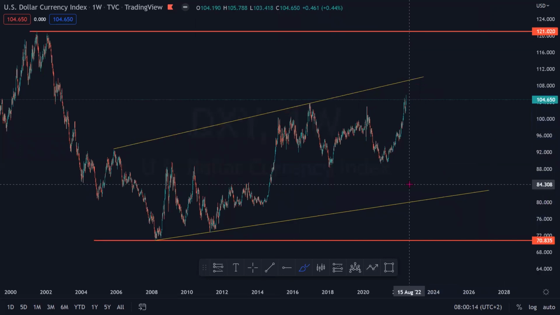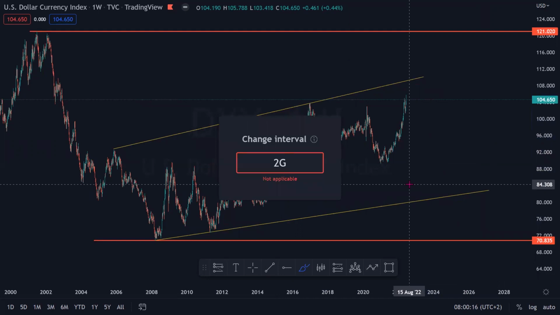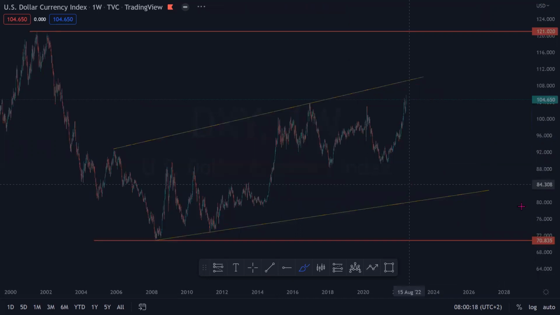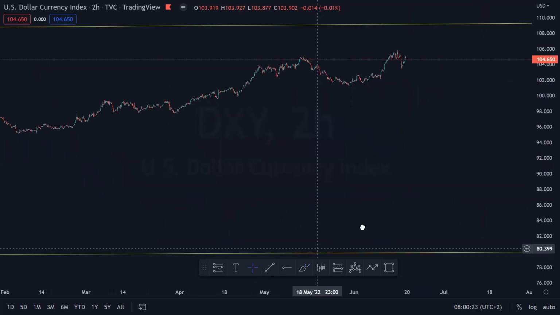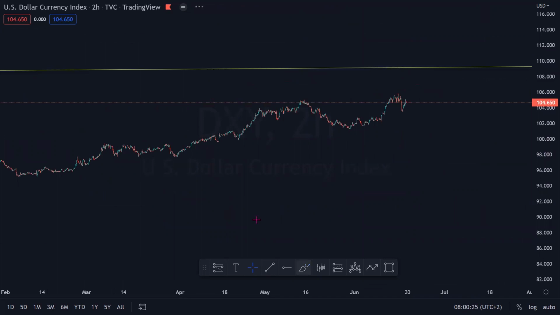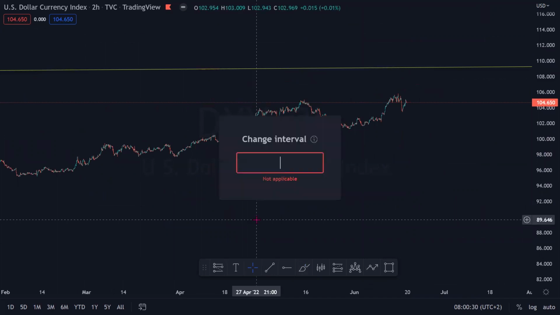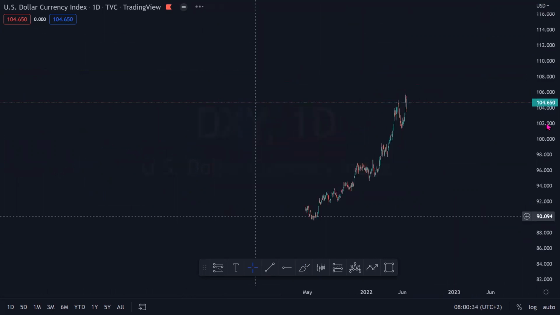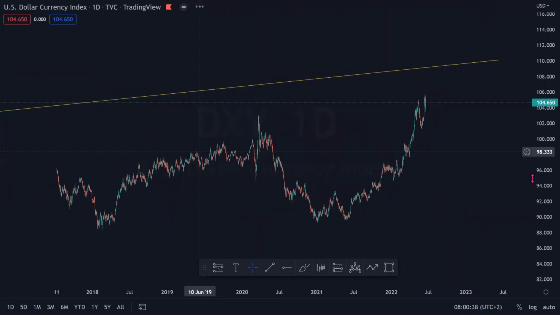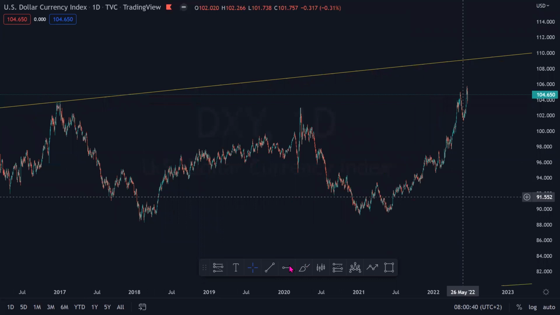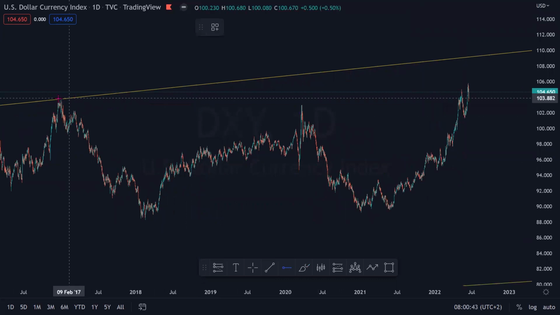Let's go to 2 hours and zoom in. No, before I go to 2 hours, let me go to the daily. Yes, it's 1 day. So again, this is our high.